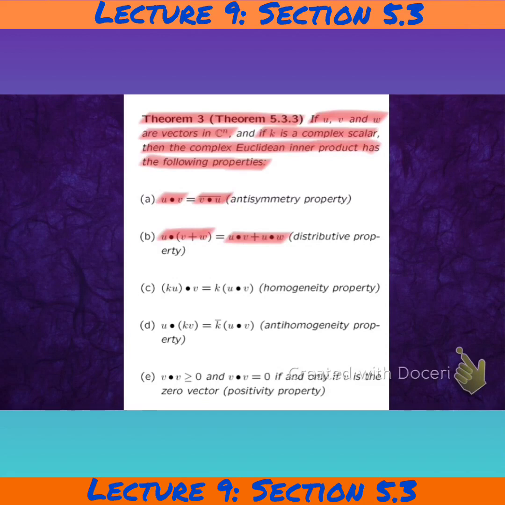And scalar multiplication also works similarly to the normal dot product. If you take the inner product of a scalar multiple of a vector with another vector, it's the same as taking the dot product of the two vectors and then multiplying by the scalar.